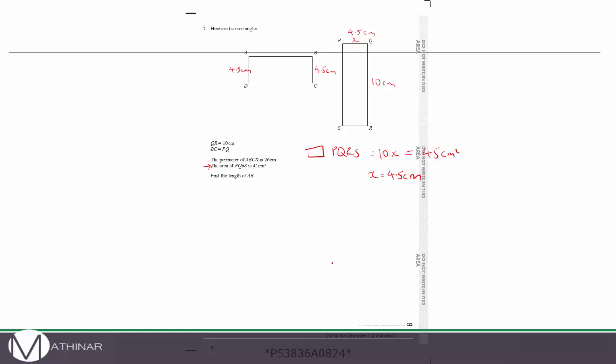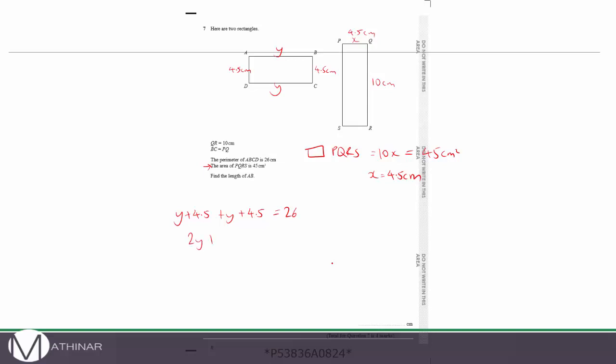Now we are told that the perimeter of this is 26. And since this is a rectangle, this length and this length are equal. So the perimeter of rectangle ABCD is y plus 4.5 plus y plus 4.5. And the perimeter adds up to 26 centimeters.